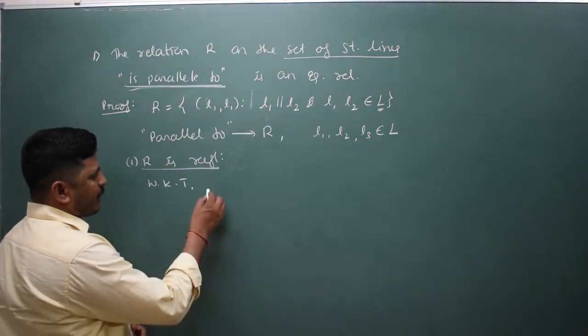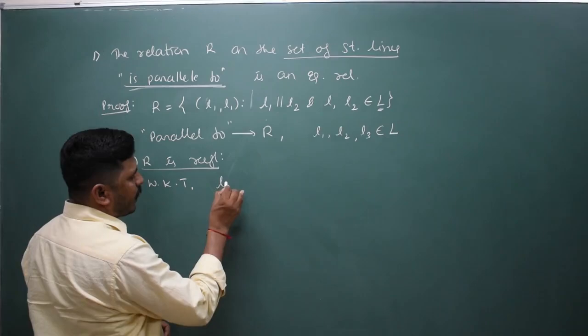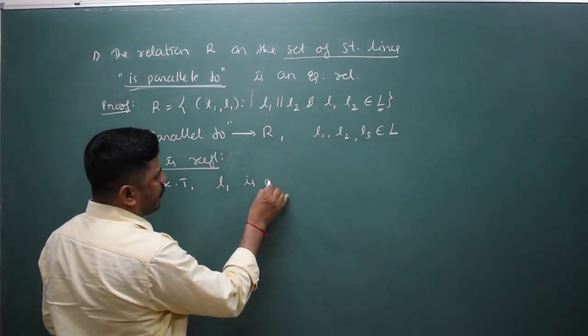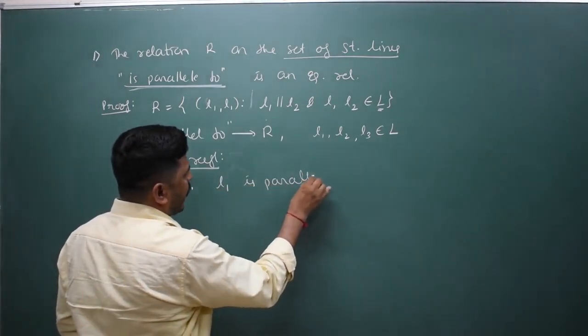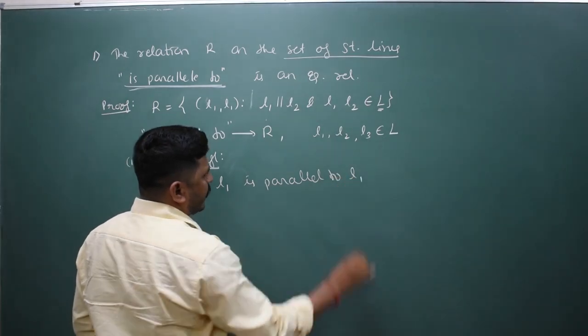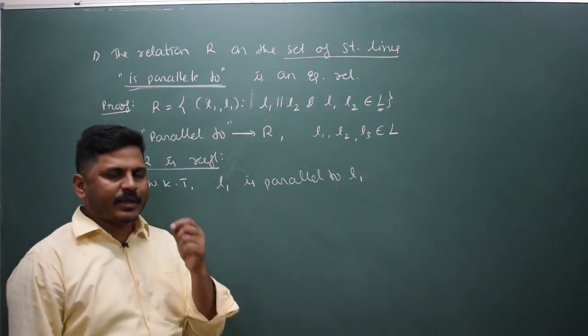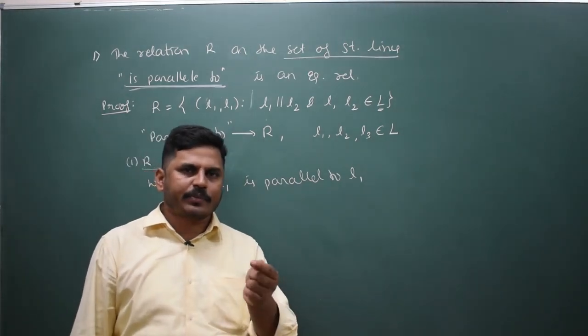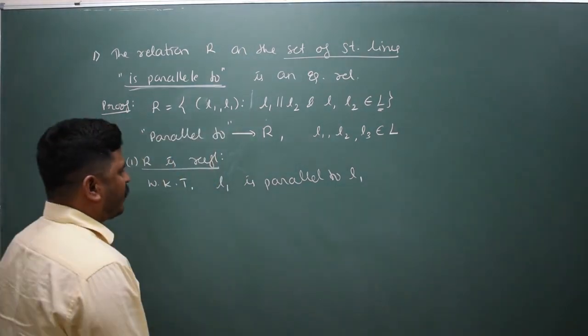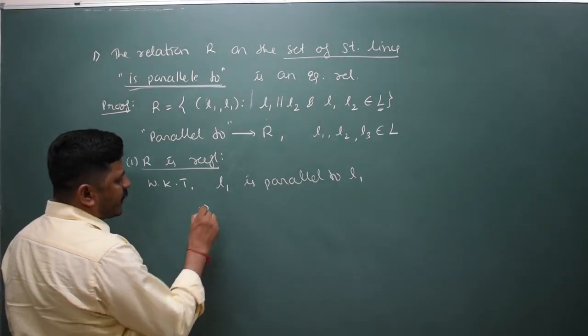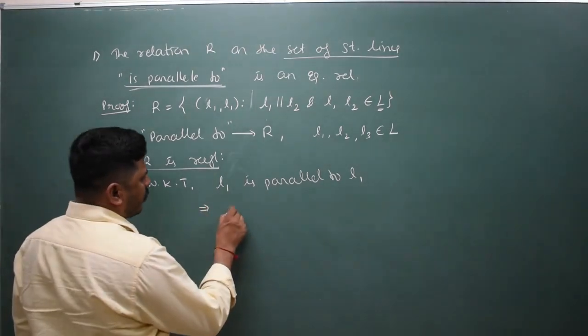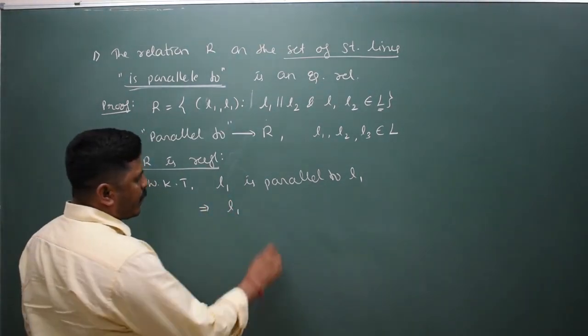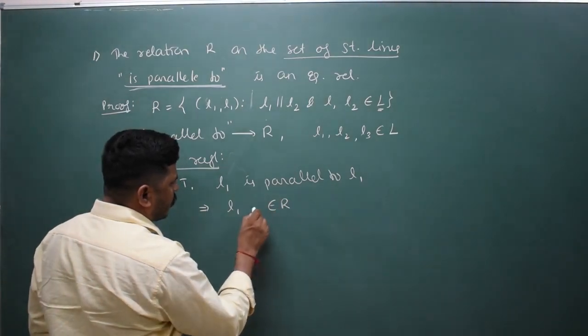How do we write that in mathematics? We know that L1 is parallel to L1, that is, each line is parallel to itself.